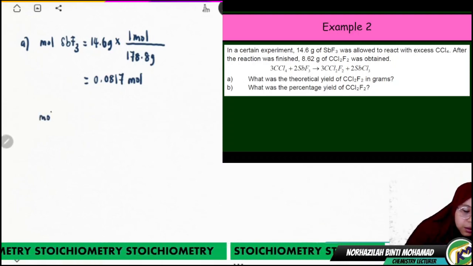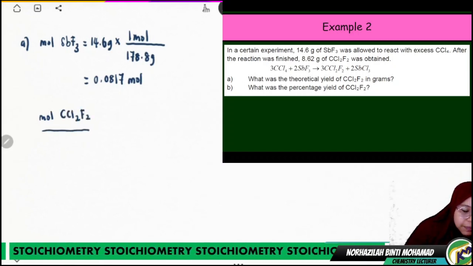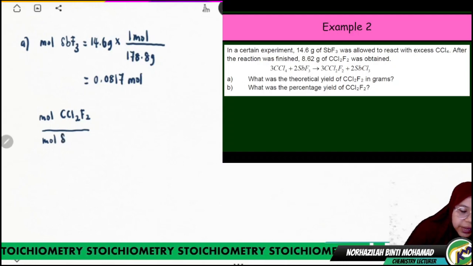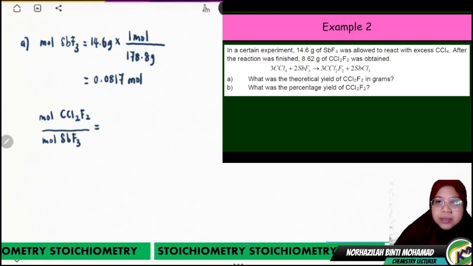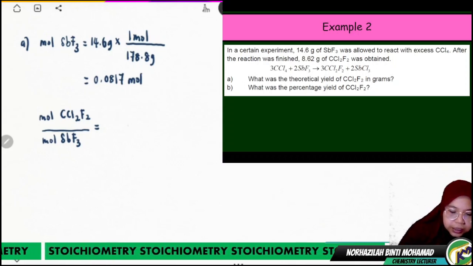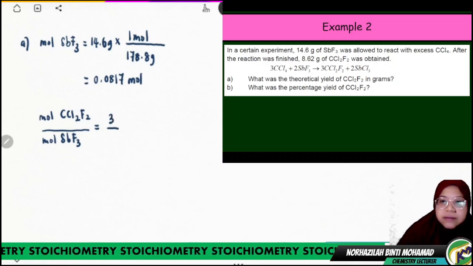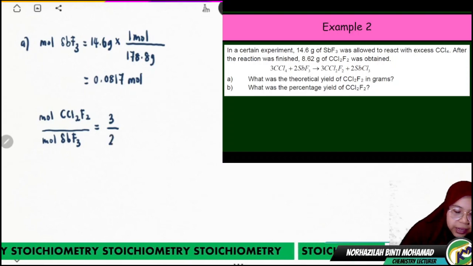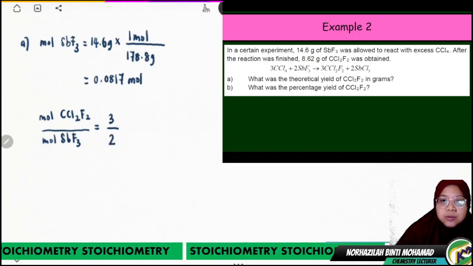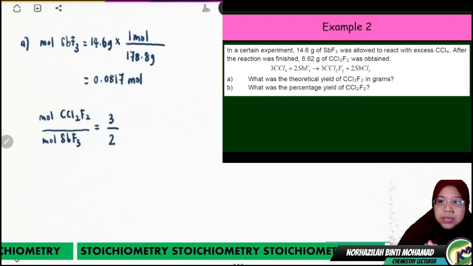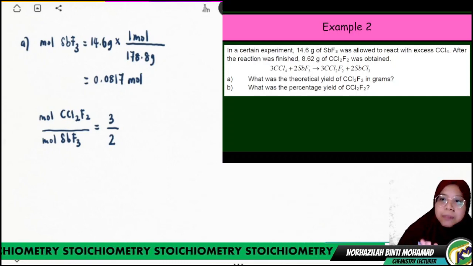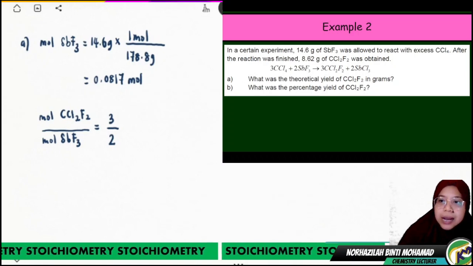So mole of CCl2F2 divided by mole of antimony fluoride, we get the stoichiometric coefficient: 3 for CCl2F2 and 2 for antimony fluoride. So to get the correct mole ratio, you need to make sure that your equation is correctly balanced.